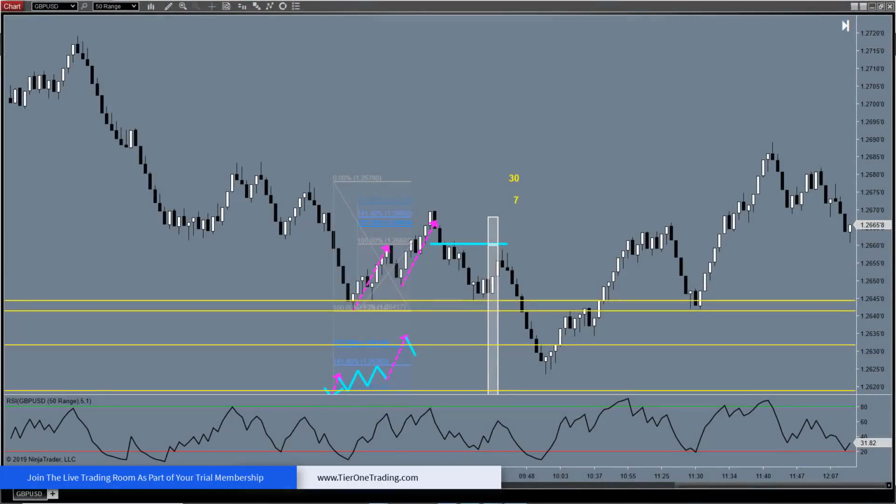All right, gang, just finished uploading the live room recording to the website and wanted to come back and update you guys on the trade. You can see that we did get an initial move down. We came a little bit past that 127.2 Fibonacci extension down to 126.25, but we didn't quite get to that 126 even handle or right above, which is the level that I was shooting for.